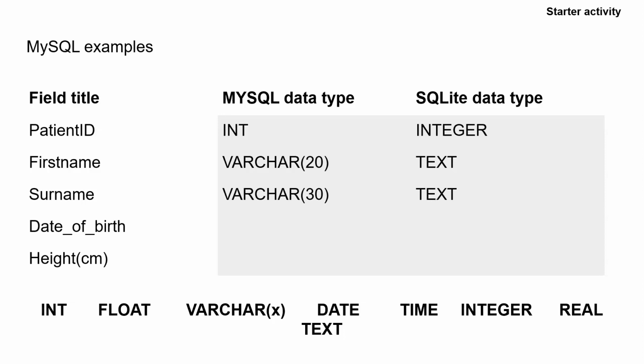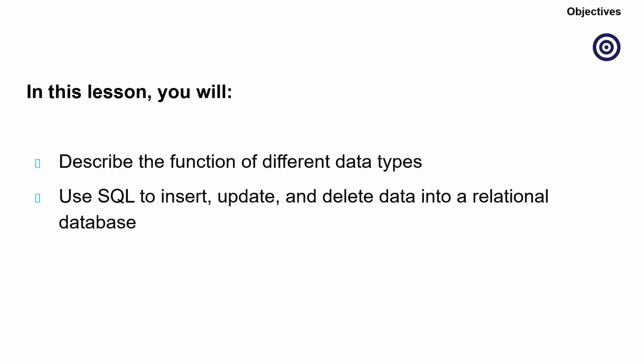Last name would again be text of a 30-character maximum length. Date of birth, in one it would be a date, in the other it is text. And height would be a decimal number, so either a float or a real number.